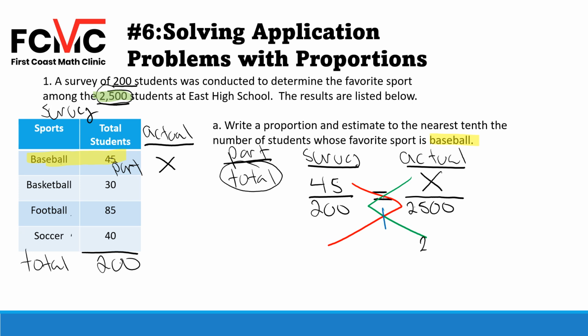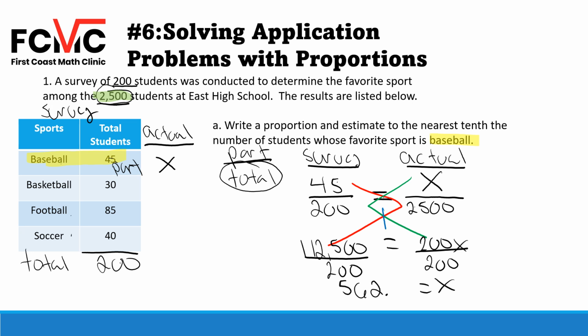X times 200, so we get 200x equals 45 times 2,500. We get 112,500. Divide by 200. Divide by 200. And we're going to get 562, to the nearest tenth, so it should be 0.5 students.